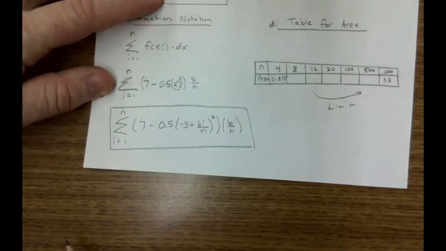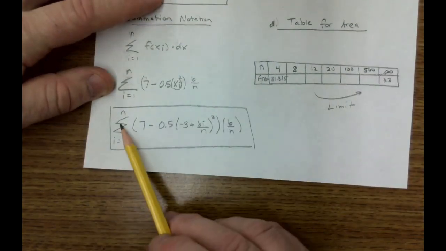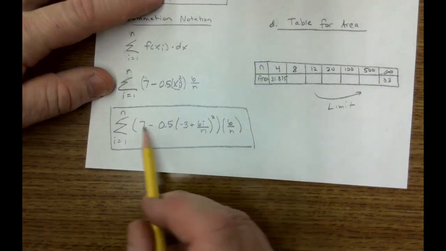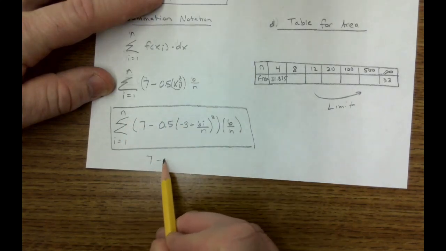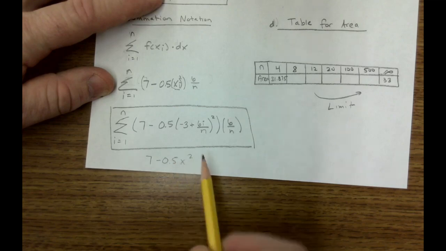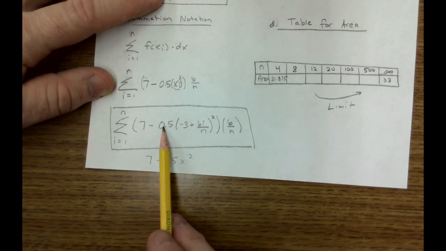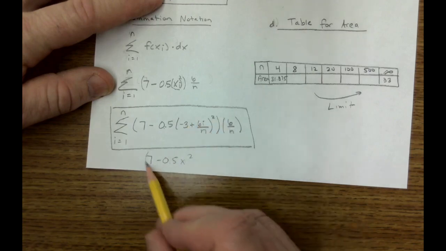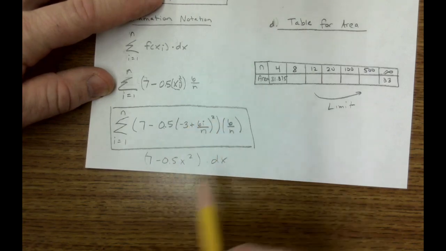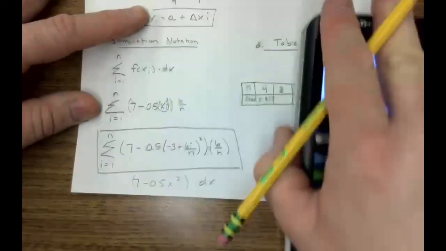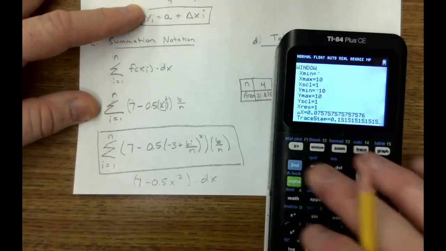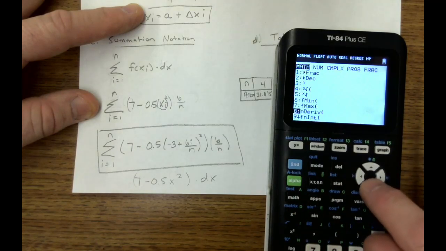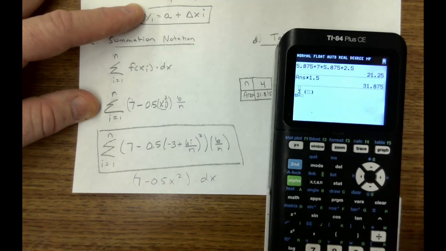That formula right there is going to sum up however many rectangles we want to do. And you see the formula there, 7 minus 0.5 x squared times our dx. All right, so let's see how that works. If I take my calculator and I go to math 0, or if you go all the way down, there's the summation.